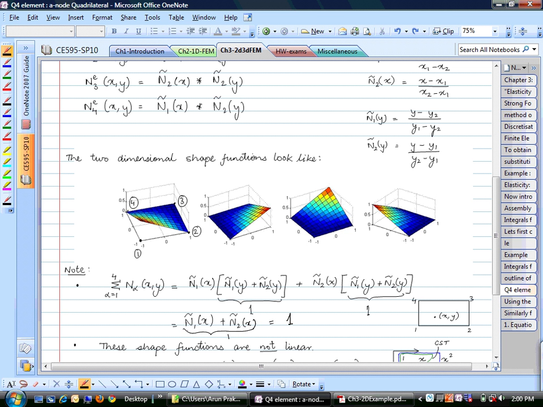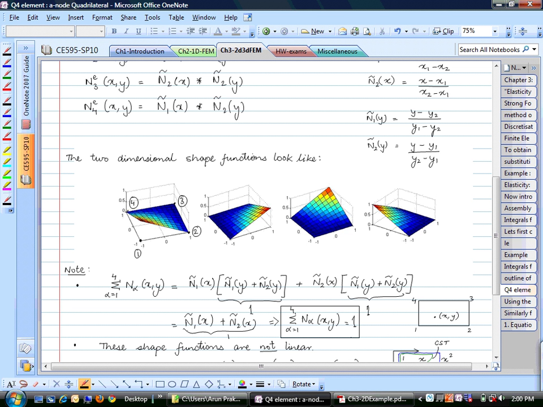So we end up with the same property that the sum of the shape functions at any point, for alpha equal to 1 to 4, is equal to 1. And this is a property that's common to all finite elements.